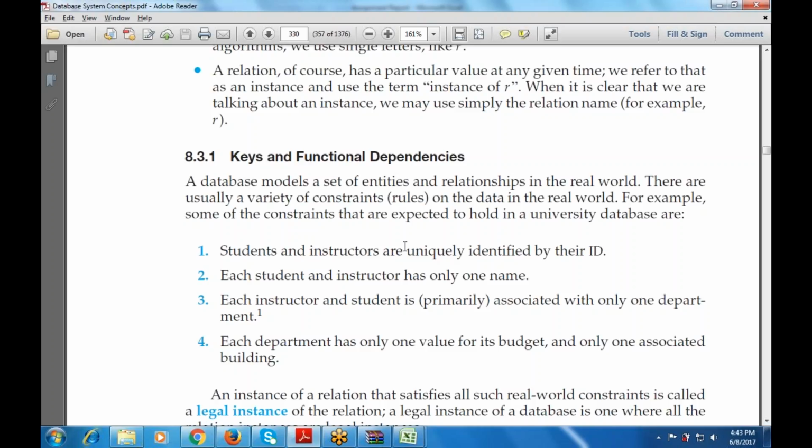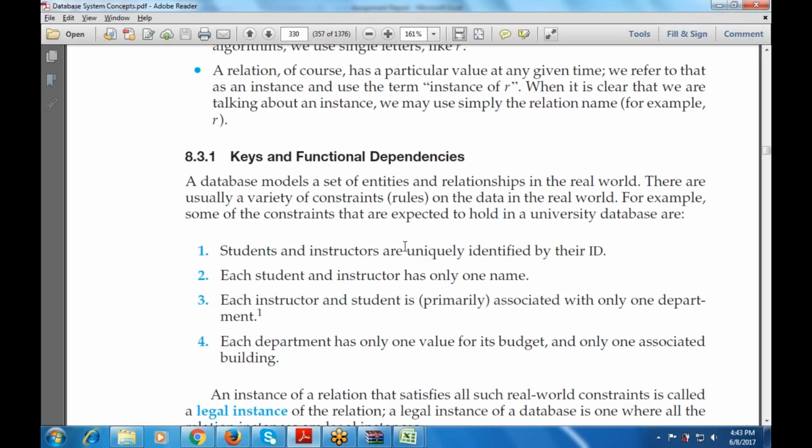Each student and instructor has at least one name. Each instructor and student is associated with only one department. And each department has only one value for its budget and only one associated building.